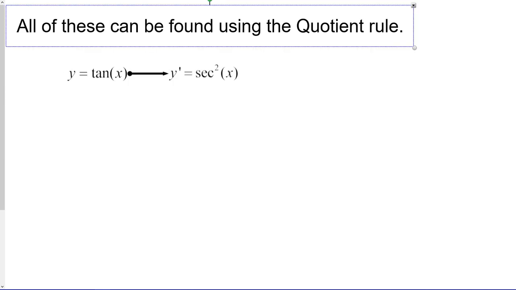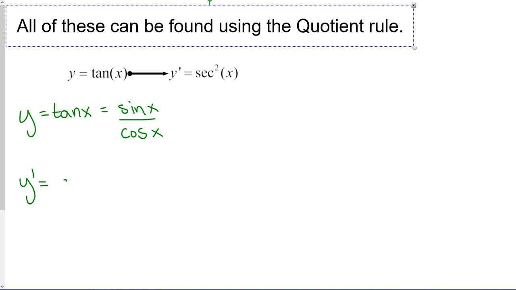All of these can actually be found using the quotient rule. So if you have y equal to tangent of x, we should all know by now that this is the same thing as sine of x over cosine of x. Using the quotient rule, we can take the derivative of this.